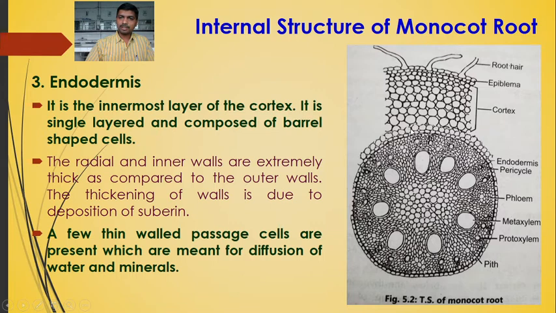The endodermis is thick-walled because of suberin deposition, but there are passage cells in it. So water enters through the passage cells into the xylem, more precisely the protoxylem, because it is present opposite to the passage cells.